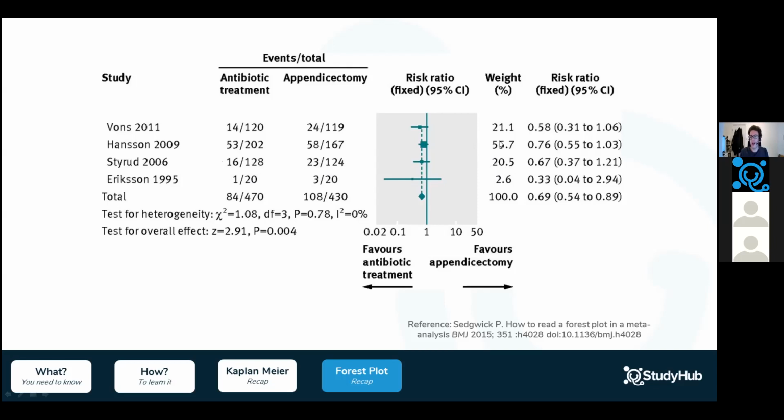Therefore, this study is going to have a higher weight, and actually the biggest study has the biggest weight. That's all these bits and bobs mean. And obviously, we've got the risk ratio here. Don't be confused if this says risk ratio or odds ratio. For the purposes of OSCEs, consider it the same thing. There are some nuanced differences, which, if you're interested, you can go see the QuesMed lecture where I explain it in a bit more detail.